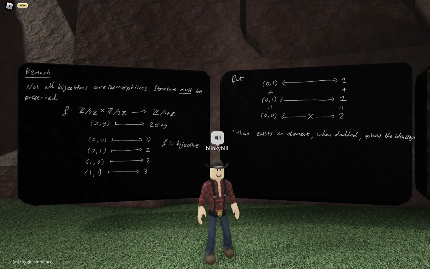I took this at face value when I read this from somewhere, but looking at this now, 2 plus 2 is the identity. So okay, I think that kind of ruins that example. Is that right? That this is actually true of the thing on the right.